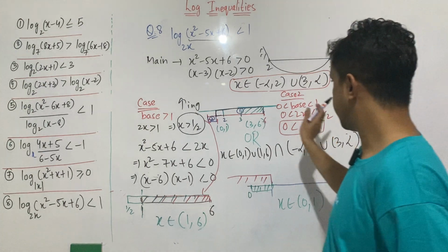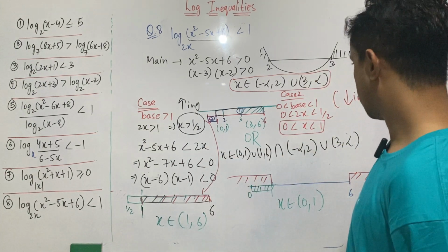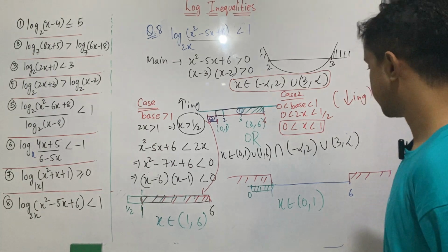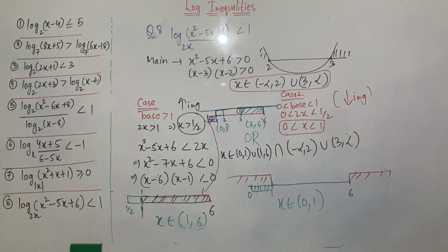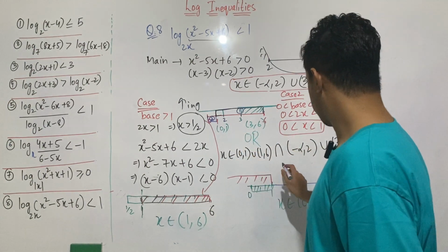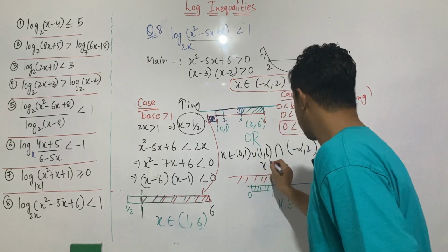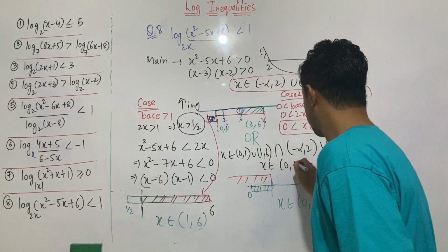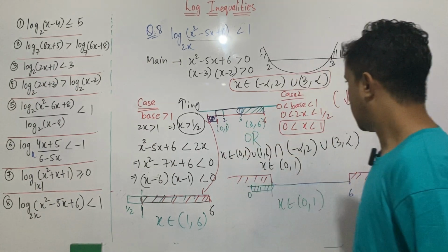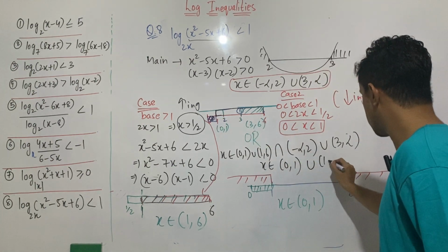So when we did all these things, what did we get? x belongs to 0 to 1, and here union, this one, 1 to 2.